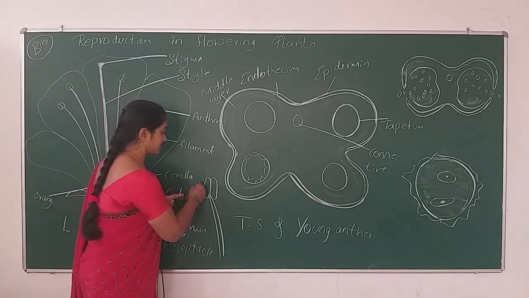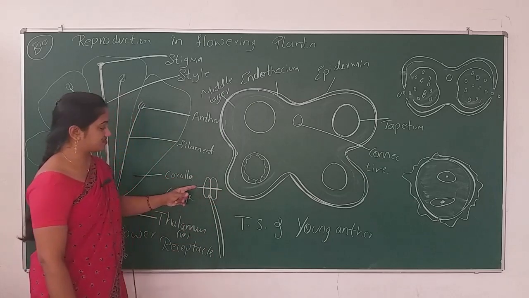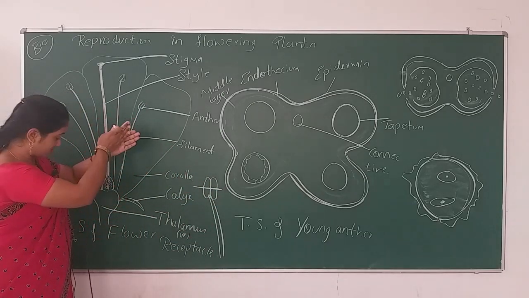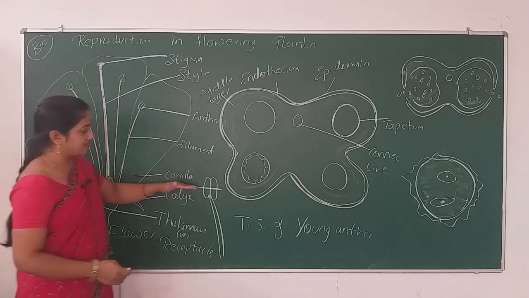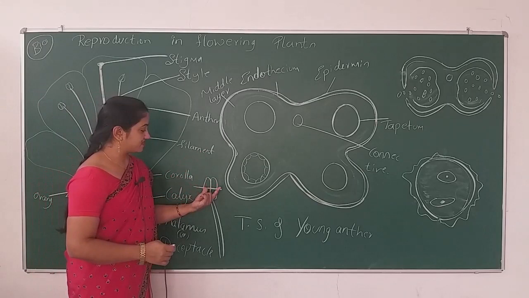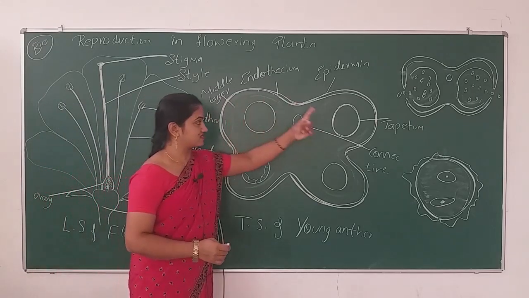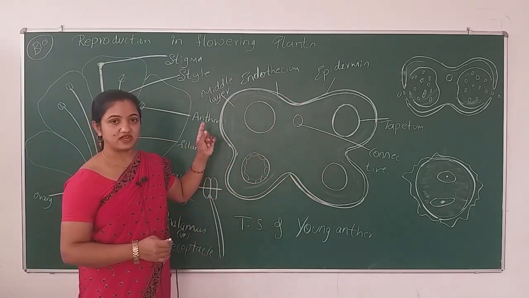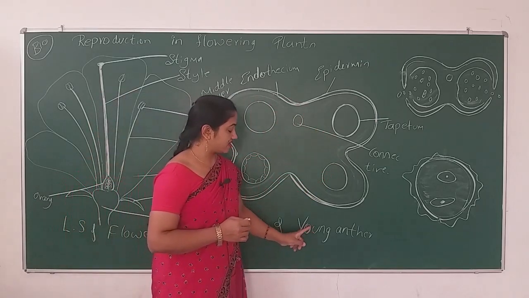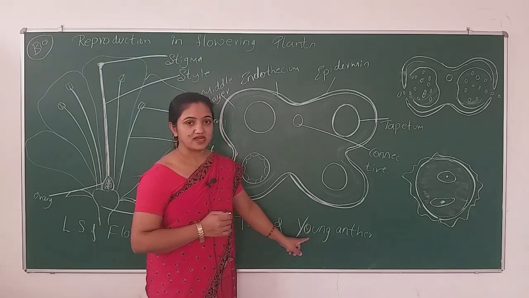If we take the section of the anther like this, LS means longitudinal section, TS means transverse section. If we take the transverse section of this anther, the internal structure will look like this, and remember this is the young anther.